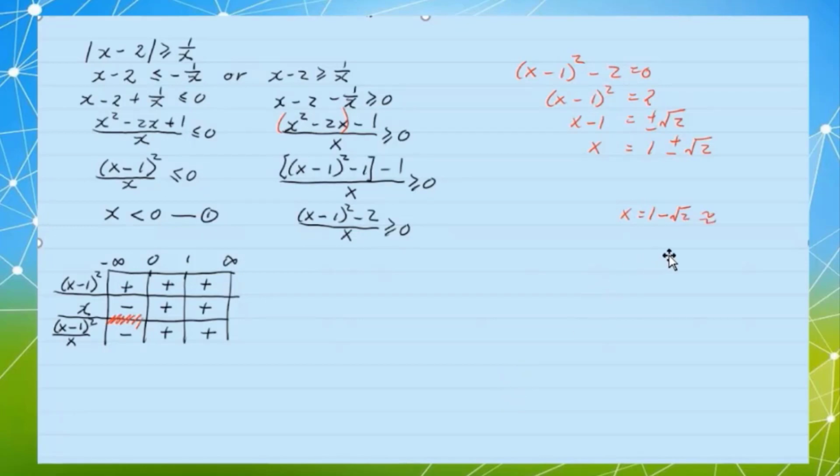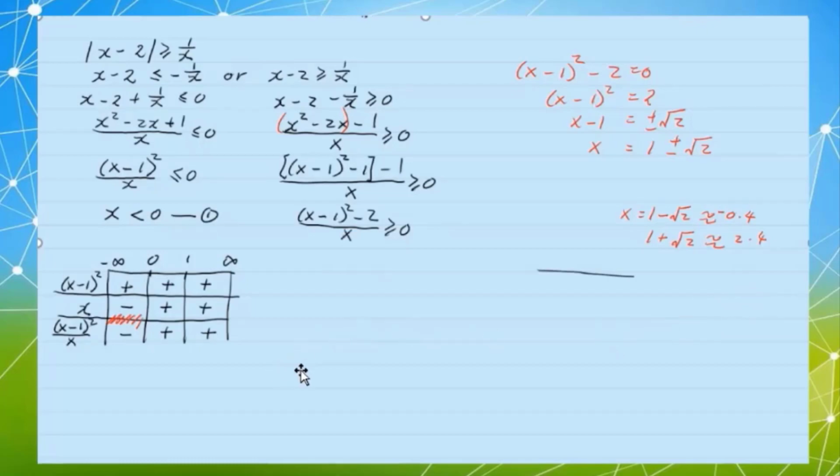Now from the calculator, we found that 1 minus square root of 2 is approximately negative 0.4 and 1 plus square root of 2 is approximately positive 2.4.